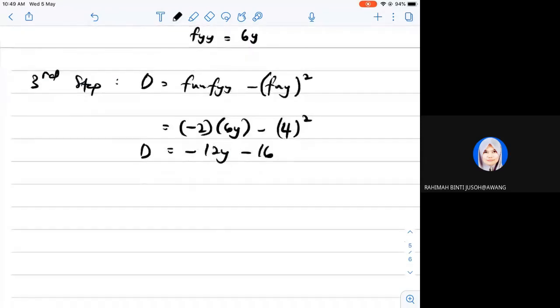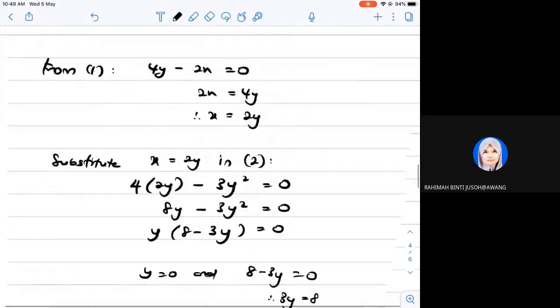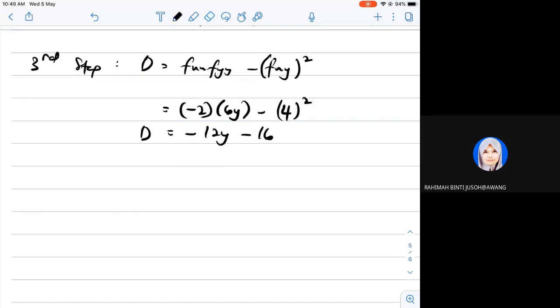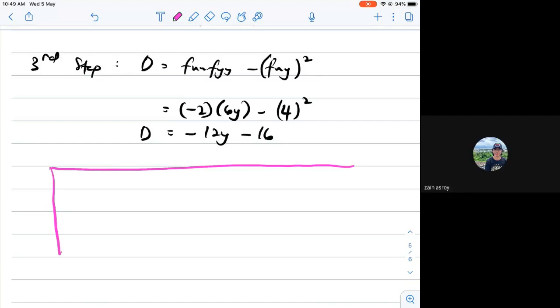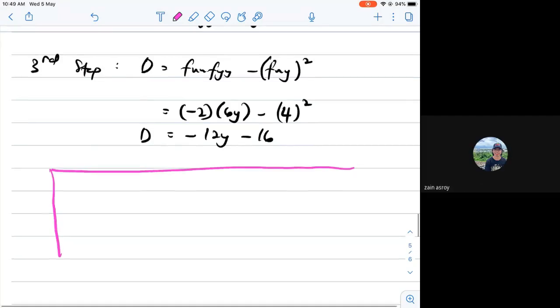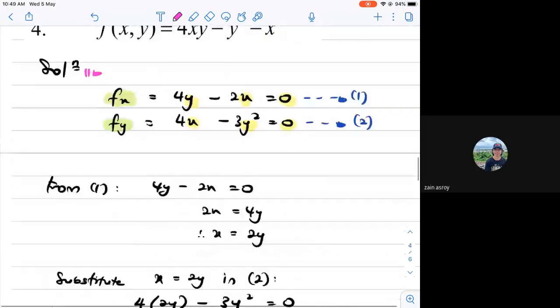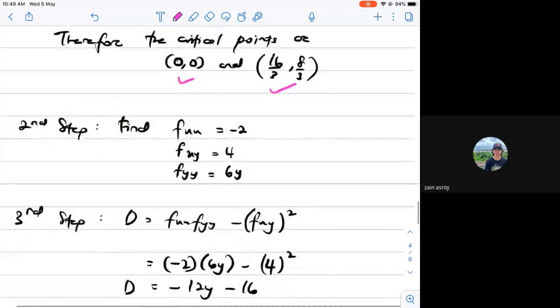So that is our D. Okay, nice. So now substitute the critical point. Okay, calculate D. At mana critical point kita tadi? Okay, kita buat table teruslah, senang. Okay, kita ada 2 critical points tadi kan? Madam, fyy 6y je. Fyy ke negative 6y kan?